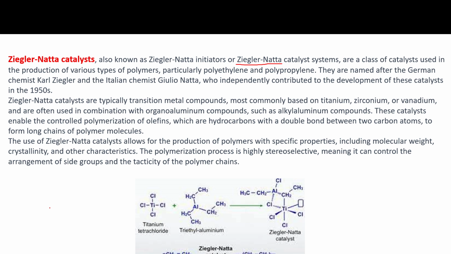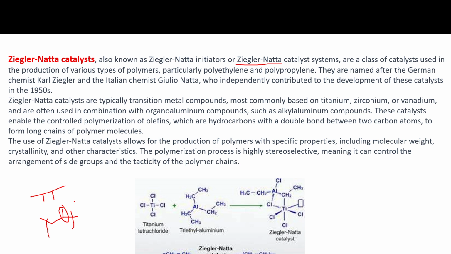When you are talking about isotactic polypropylene or isotactic polyethylene, isotactic means that in the polypropylene there is one methyl group on each unit along the chain. So how are these methyl groups arranged along the polymer chain?